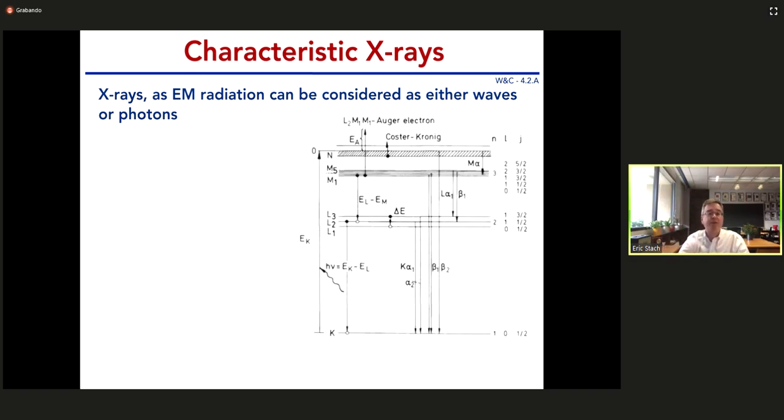And so you see that shown here as an L2, that little black dot representing the electron there, coming down to the K state. And it gives off a characteristic X-ray that's equal to EK, the energy of that bound state, minus the specific EL. That turns out to be what's called a K alpha 1 X-ray. So that's the name of that transition, and the X-ray that comes off.